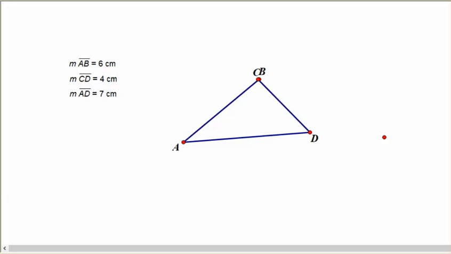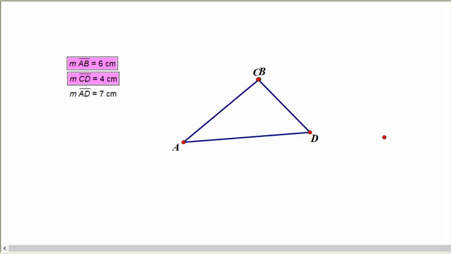Eventually, I could adjust so that C and B are on top of each other, and I did, in fact, form a triangle. This worked because if I look at the two smallest sides, 6 and 4, 6 plus 4 is 10, which is bigger than 7.